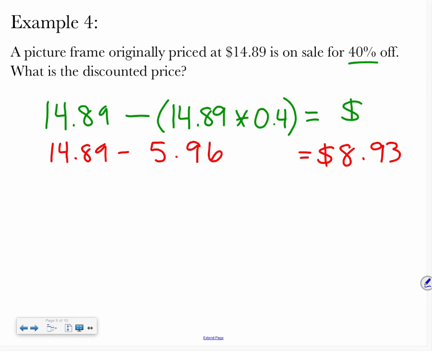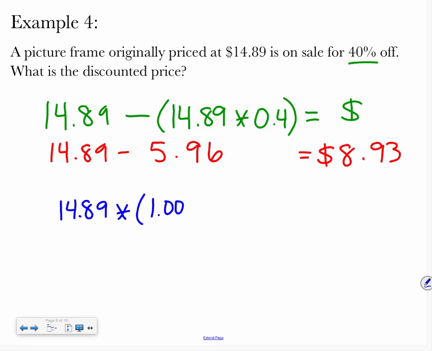So our original price is $14.89, right? Okay? And if we were paying $14.89, we'd be paying 100% of the price, correct? Okay? So if we do 100% represented as a decimal, that's the same as just 1.00, or just 1 if you don't want the decimals.